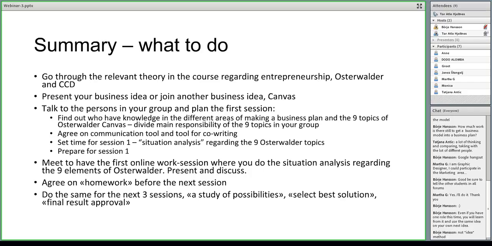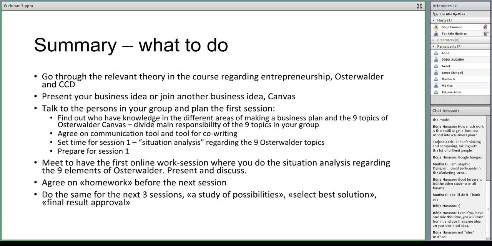The next thing you need to do is to meet and have the first online work session where you do the situation analysis. At the end of the session, you should remember to agree on some homework before the next session. The homework will typically be finalizing the situation analysis regarding the 9 topics, and also starting to prepare for the next session.